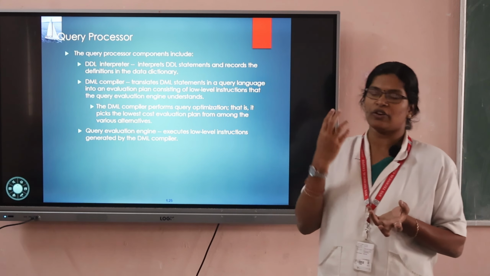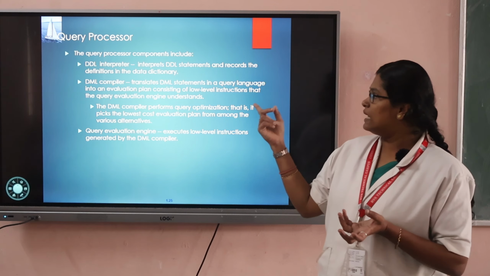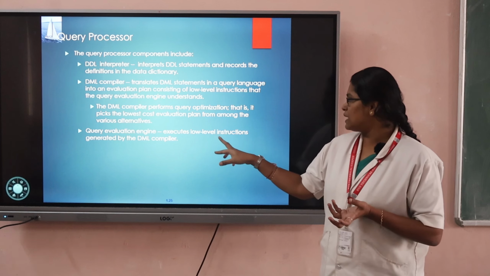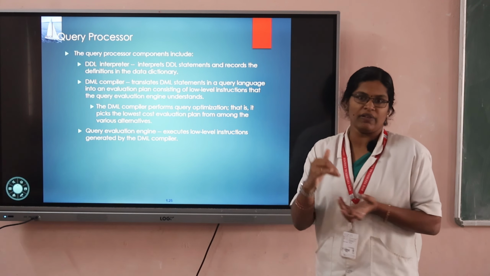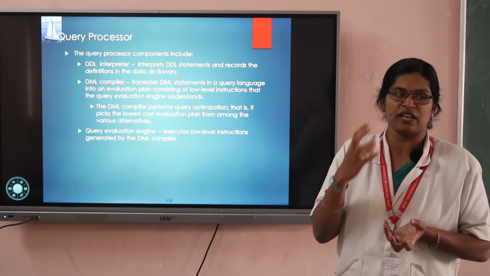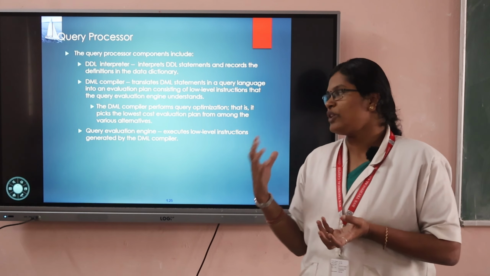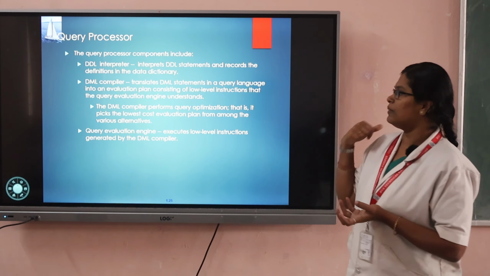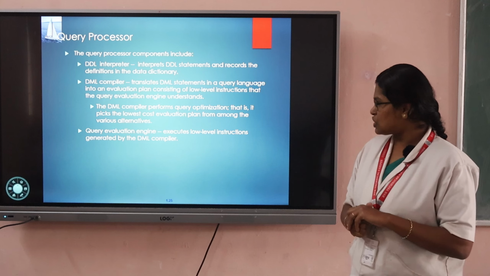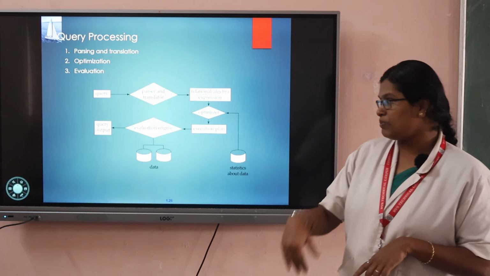If a query is transmitted from the DML compiler to the query evaluation engine, it evaluates the low-level instructions. So for one query it generates different levels of instruction. From that, the query evaluation engine executes the low-level instructions generated by the DML compiler.